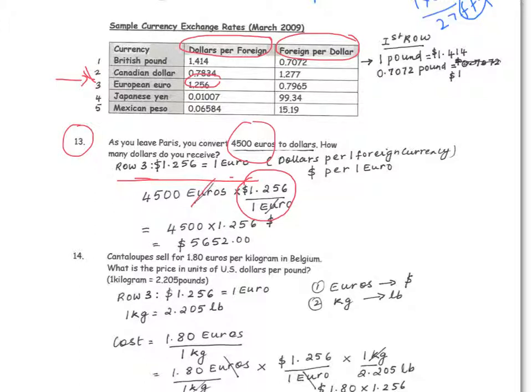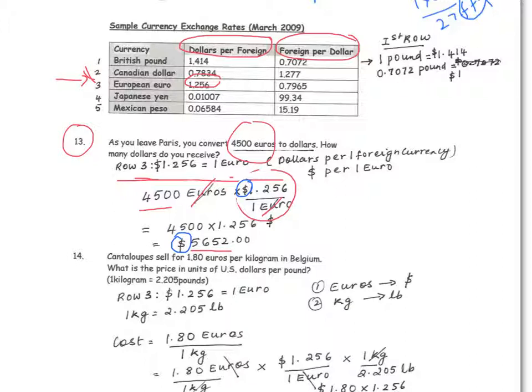We need to cancel out the euros, so we want euros in the denominator, and we want our final answer to be in dollars, so dollars is in the numerator. The multiplication gives us our answer in dollars. We multiply 4,500 with 1.256, which gives us 5,652, and the unit that remains is dollars. That is our final answer.